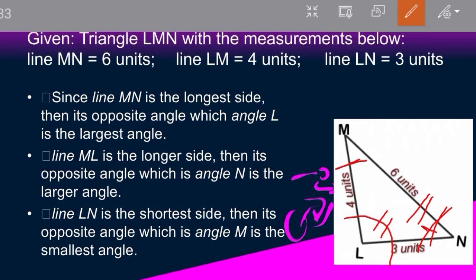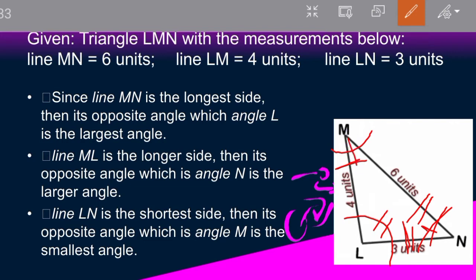Last, line LN has 3 units. It is the shortest side. Then its opposite angle is angle M. Angle M is the smallest angle.